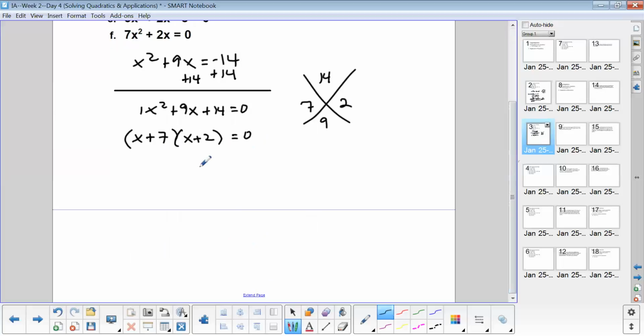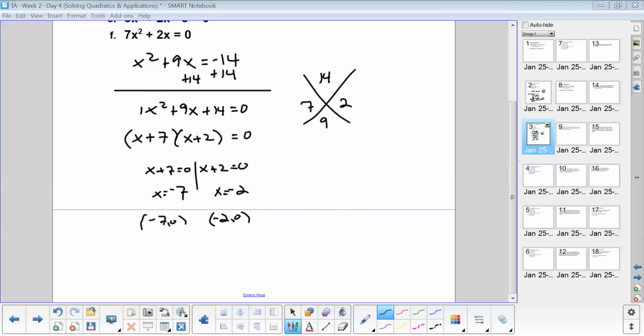Now take each of the factors, and so x can be negative 7 and x can be negative 2, and remember those are ordered pairs, points on the graph.